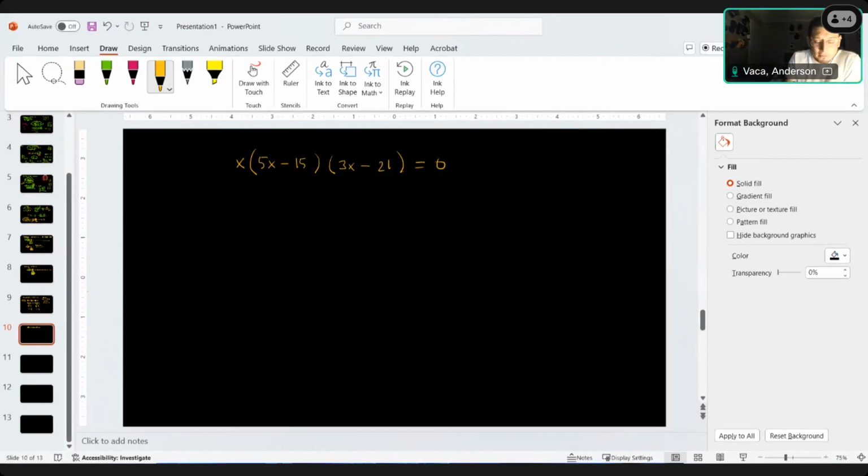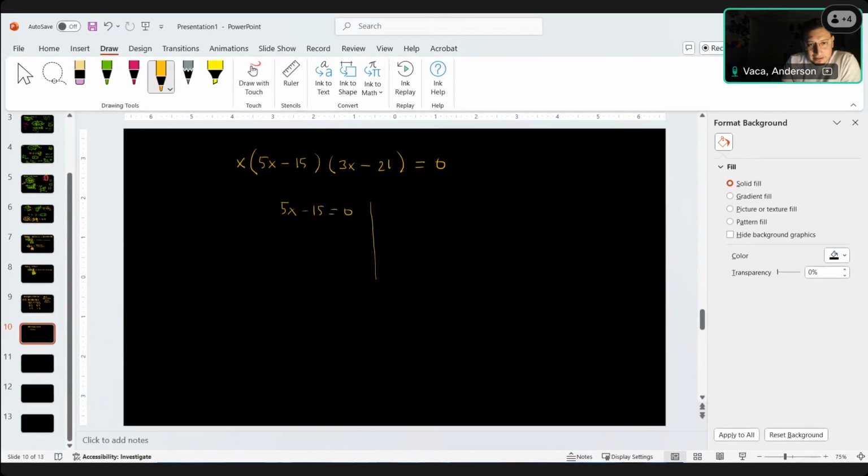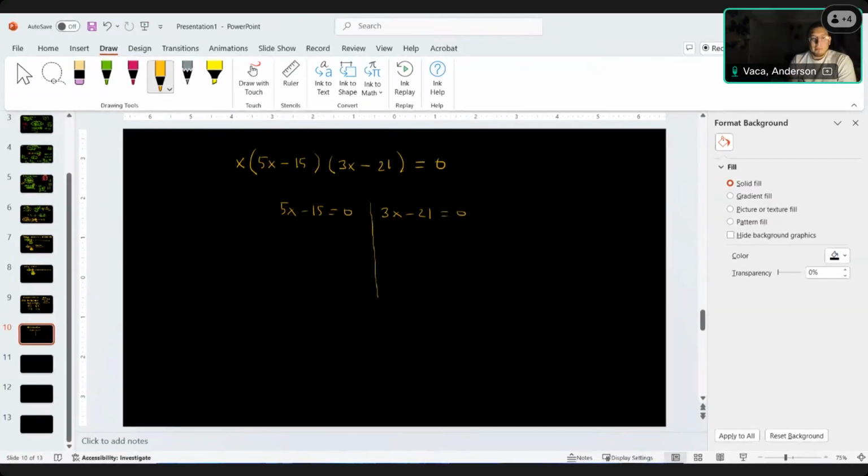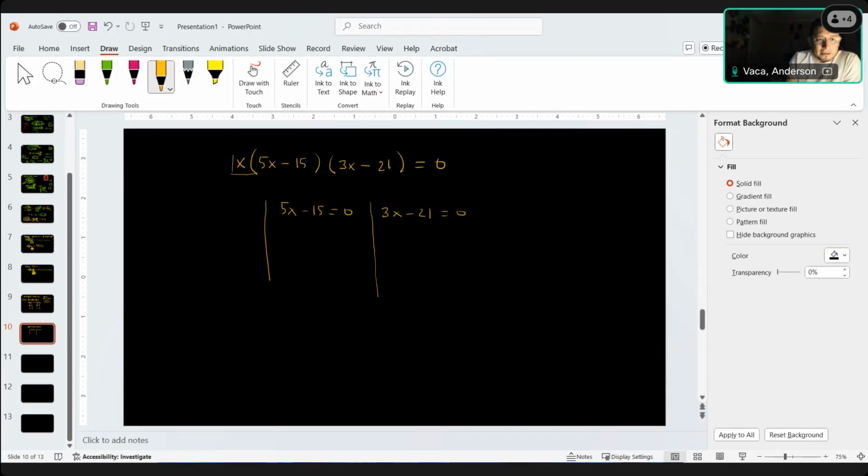Students will do this: 5x minus 15 is equal to 0. It's very common for students to make a little line there, and then they'll do 3x minus 21 equal to 0. But what happens is that they forgot the very first thing. That also needs to be set equal to 0. So x is equal to 0. Okay, so students forget that very first part.